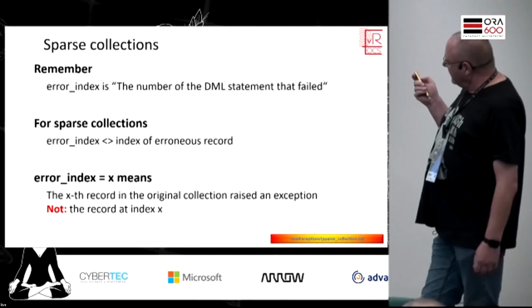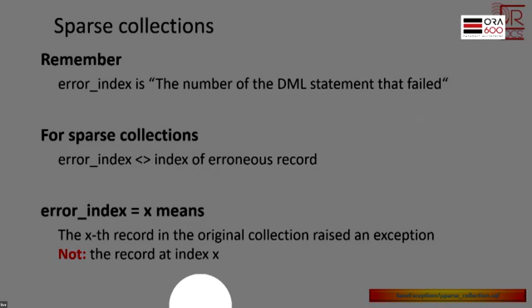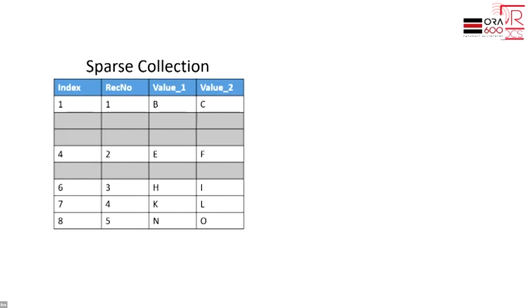Error index X means that the Xth record in the original collection raised an exception. The record, not the record at index X. Example, this is a sparse collection.